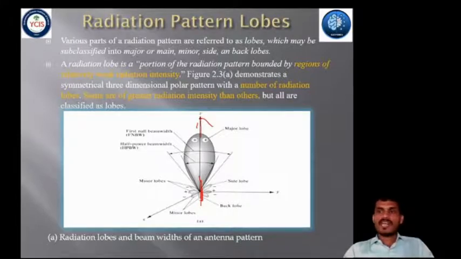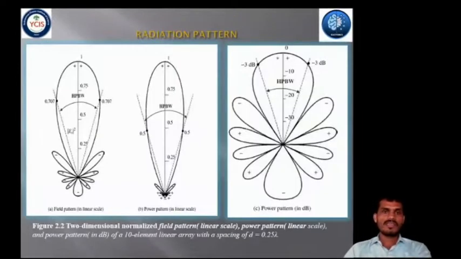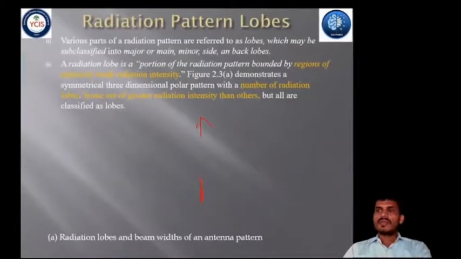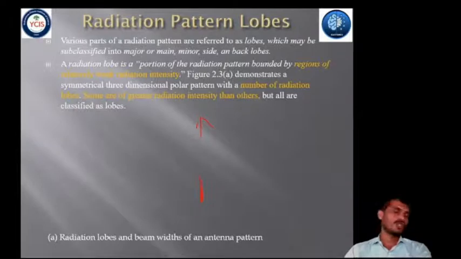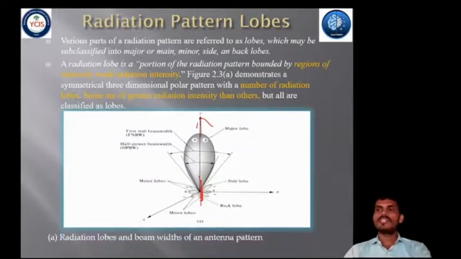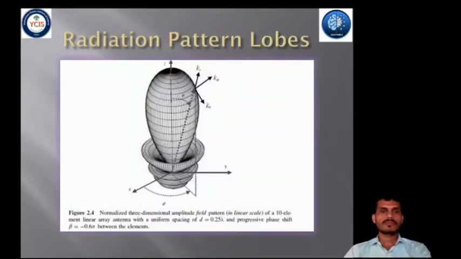Now, a normalized three-dimensional far field amplitude pattern plotted on a linear scale of the 10-element linear antenna array, which we discussed at first. At that time, d is equal to 0.25 lambda, and the propagation phase shift beta is equal to 0.6 pi between the elements, as shown in the figure.